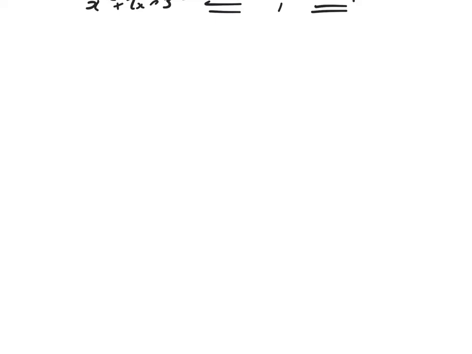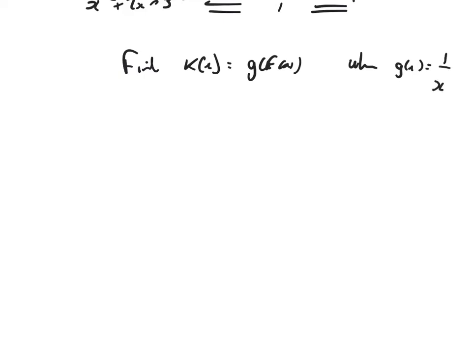Okay, let's try another, which is going to be find k of x, which is equal to g of f of x, where g of x equals 1 over x and f of x is equal to x squared minus 2.